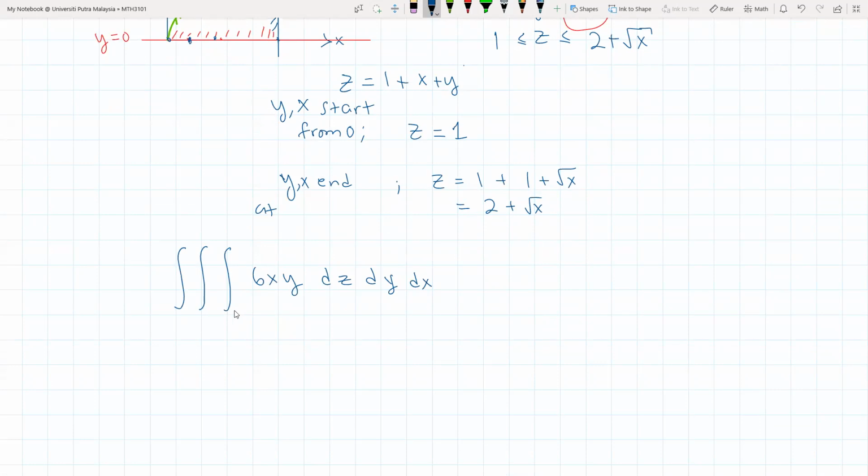So z starting from 1 until 2 plus square root of x, y starting from 0 to square root of x, x starting from 0 to 1. Okay, then you can evaluate on your own. You can solve this, and it is quite easy to solve because this is just a multiplication of x and y.